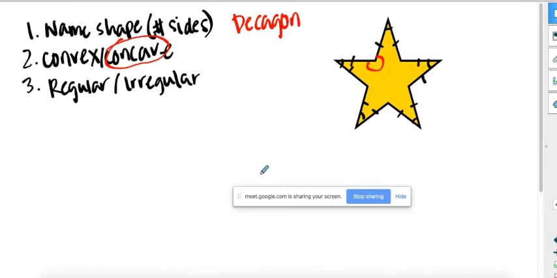Regular or irregular? Ben, is this regular or irregular? Ben, do you have this one?